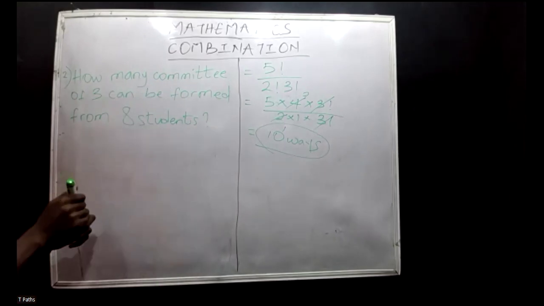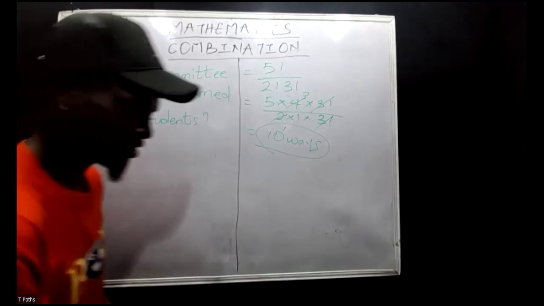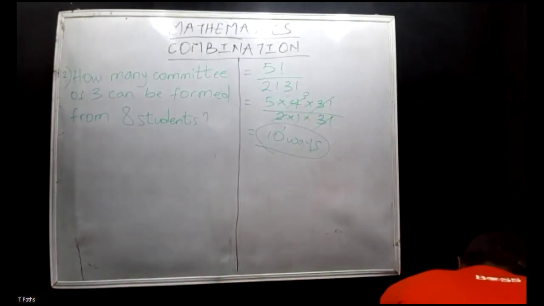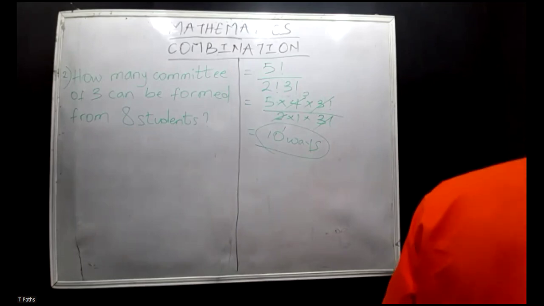I don't think this should take more than 1 minute. So I'm waiting for you guys. Just 1 minute. How many committees of three can be formed from 8 students?